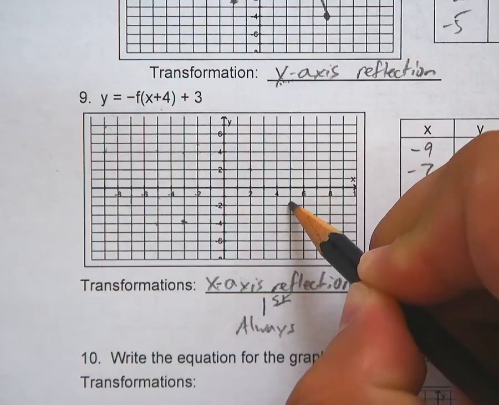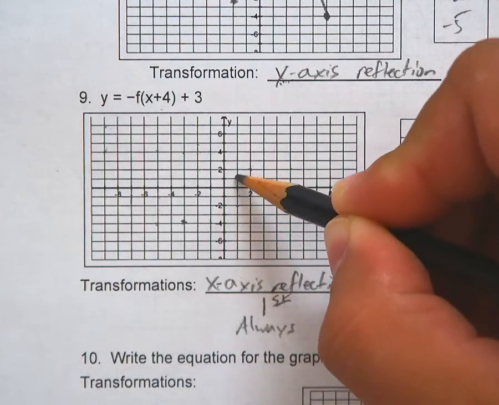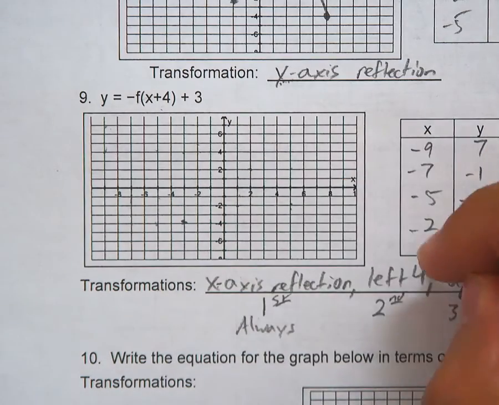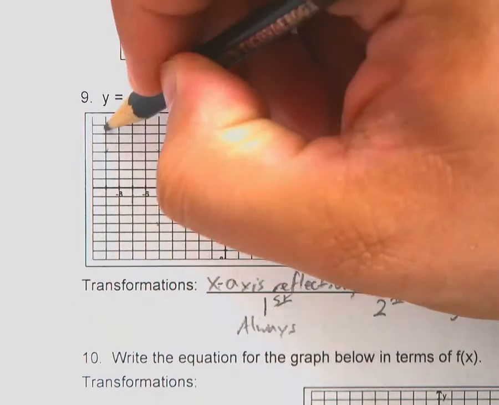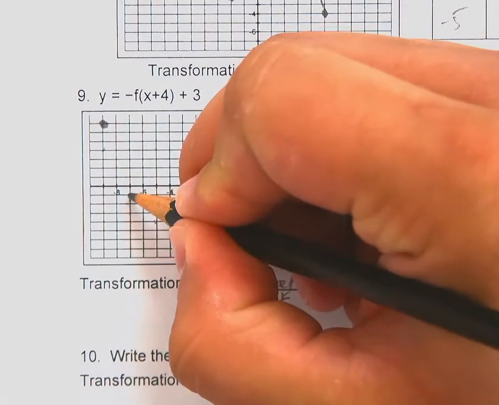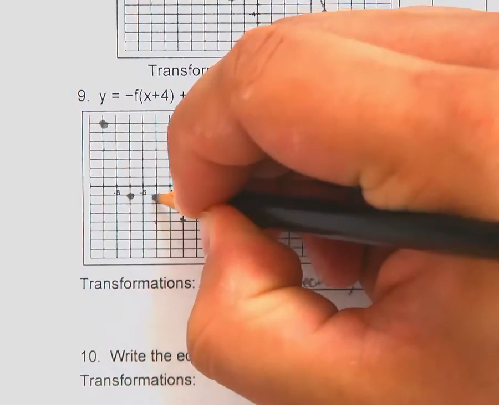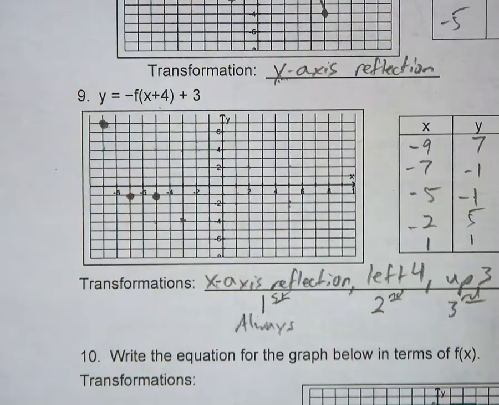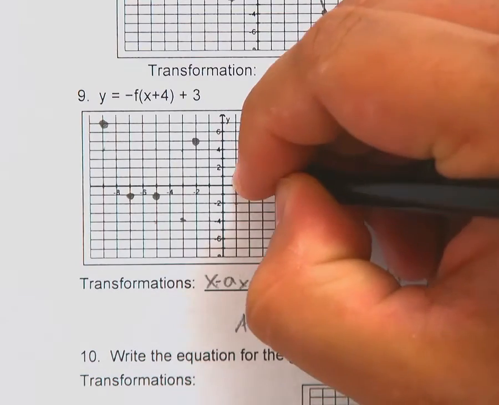Left 4, up 3. 1, 1. Should have been plotting all of this, but that's okay. Negative 9, 7. Negative 7, negative 1. Negative 5, negative 1. Negative 2, 5. And 1, 1.